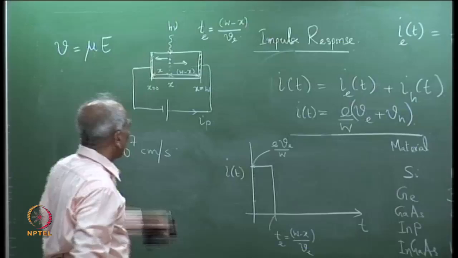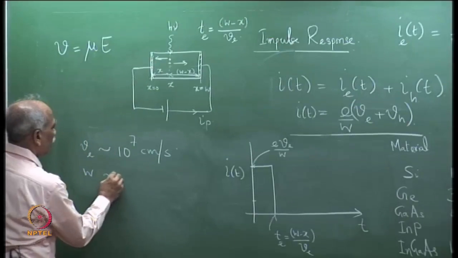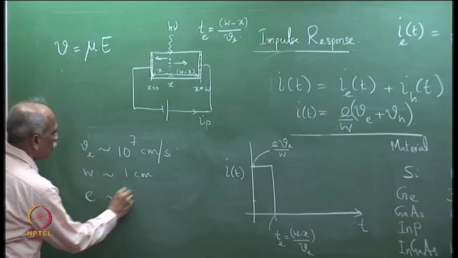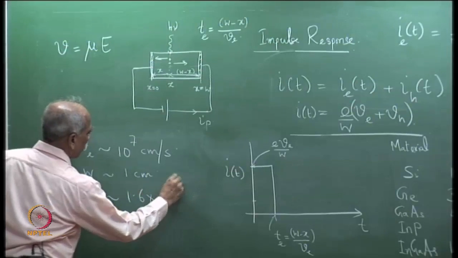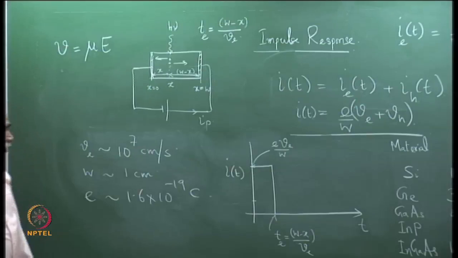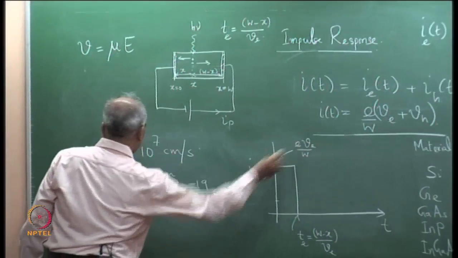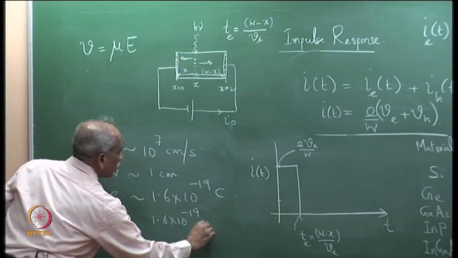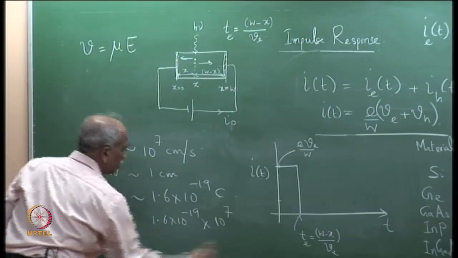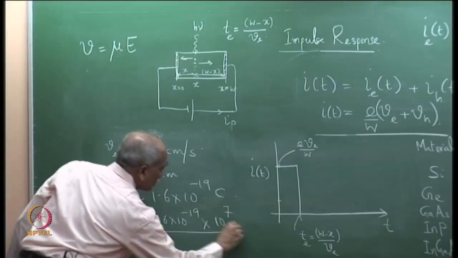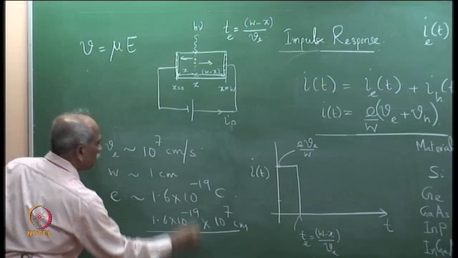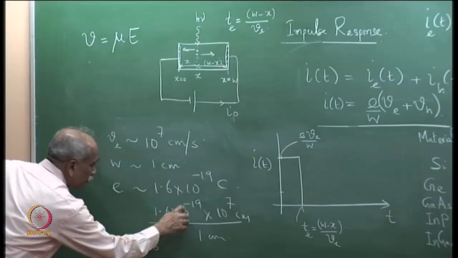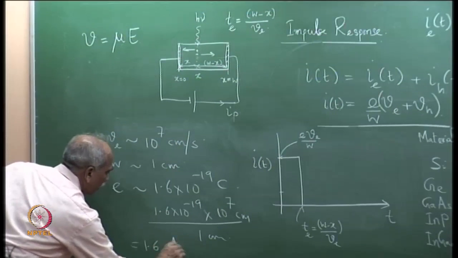There can be smaller detectors, but just let me put W approximately 1 centimeter to get a feel for the number, and E, as you know, is 1.6 into 10 to the power of minus 19 coulombs, and therefore, the current I is E, therefore 1.6 into 10 power minus 19 multiplied by V e 10 to the power of 7. So, this is coulombs, this is centimeter per second, and in the denominator 1 centimeter. So, this is equal to 1.6 into 10 power minus 12, that is picoampere.